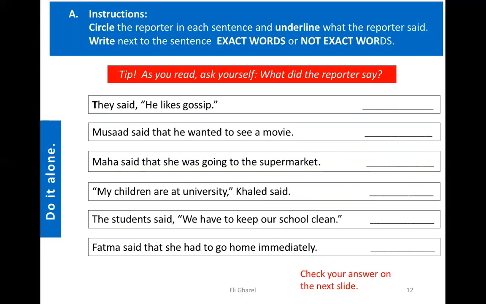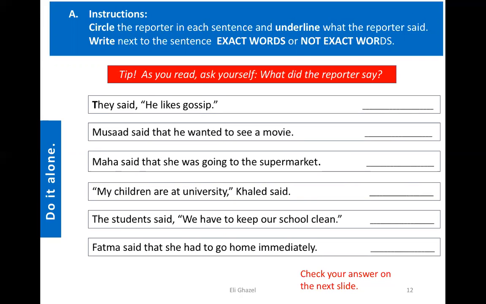Right next to the sentence, write exact words or not exact words. So you can see where we're going here is that when the reader starts to recognize that these are the exact words and these are not the exact words, we have started to build up the process of going from direct to indirect or reported speech.